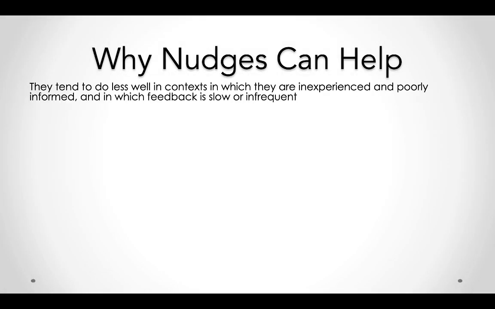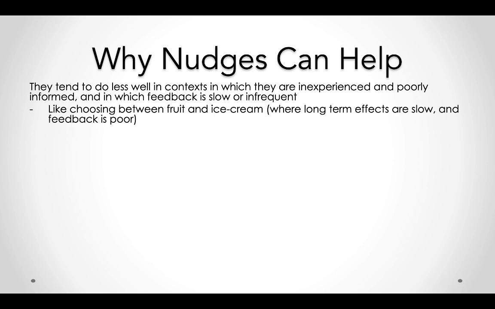That is not the same thing if you're in a context where you're inexperienced or poorly informed, or there's no feedback, or it is very slow. Like if you were to choose between fruit and ice cream, the long-term effects are slow and the feedback is poor. You don't know what's happening. I mean, you understand that fruit is better than ice cream for your long-term health, but there's no feedback.